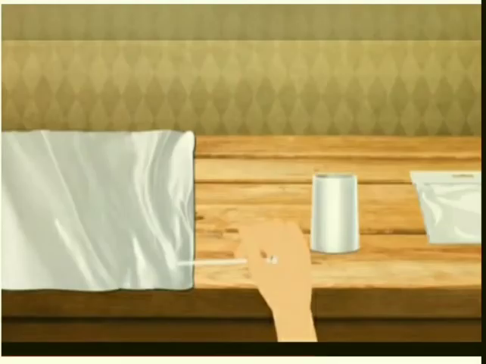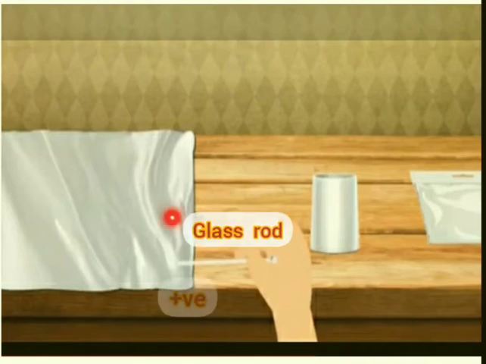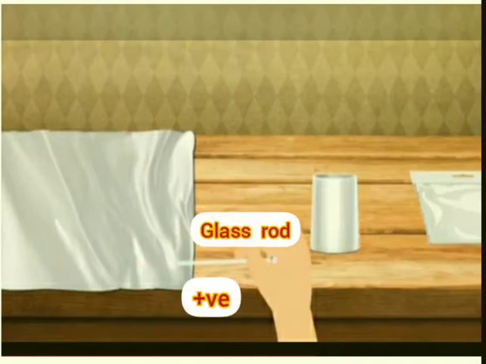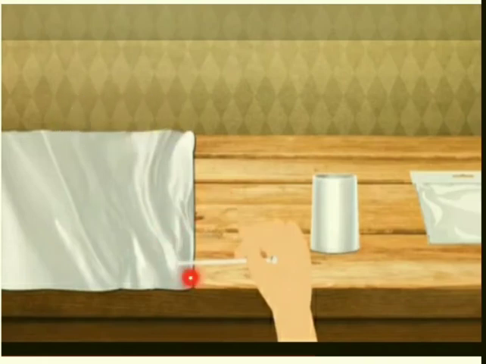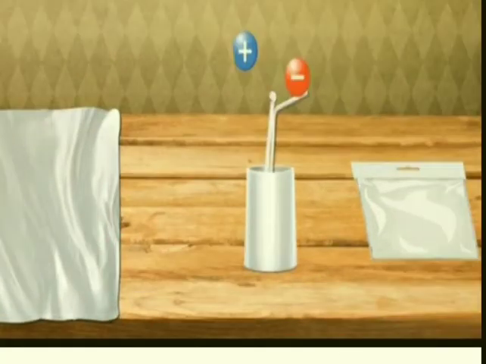It is a convention to consider the charge on a glass rod as positive when it is rubbed with a silk cloth. When this glass rod is brought near a charged straw which is rubbed with polythene, they both attract. Hence, a plastic straw is negatively charged.